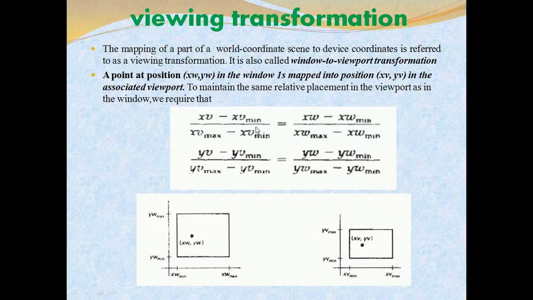That's why you need to follow the following equation: (xv - xv min) / (xv max - xv min) = (xw - xw min) / (xw max - xw min). That is, the relative position of point x within the viewport always remains constant with respect to the world coordinate. It is similar for the y point. This ratio always remains constant after the transformation.